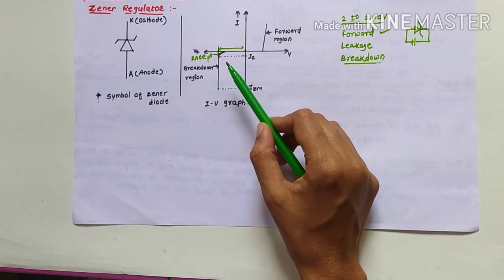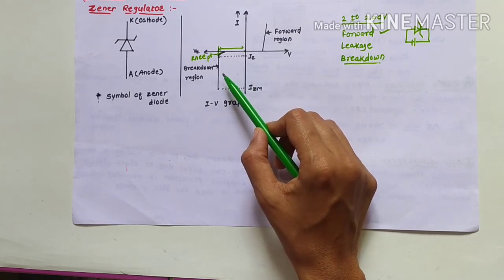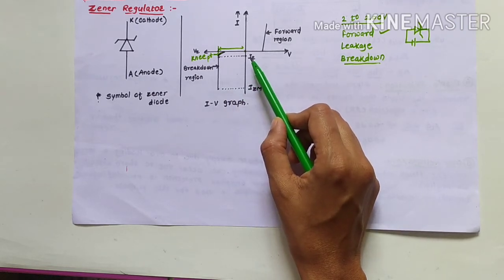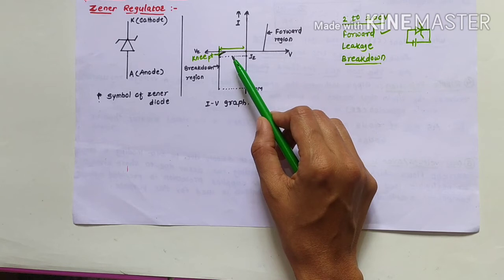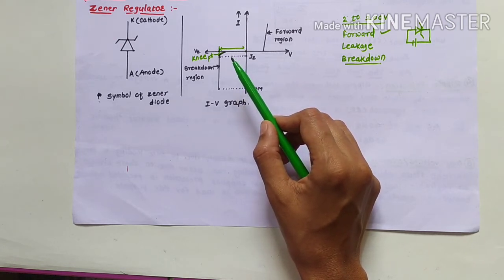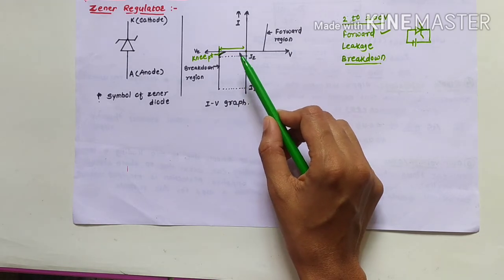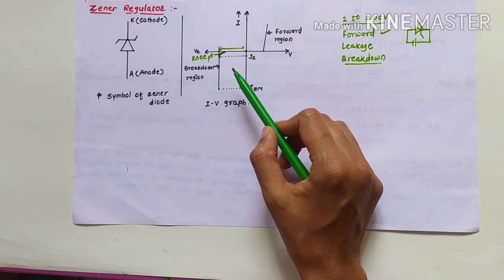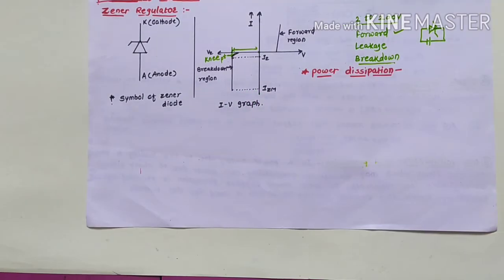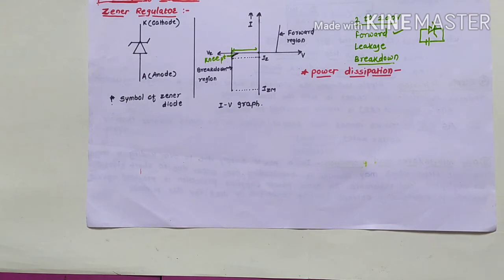Okay students, Vz is specified at a particular test current IZT. For normal operation, current through this diode should be limited by an external circuit to a suitable value, otherwise large current will damage the Zener diode. As we know, there are some ratings for these diodes, current rating and power rating.